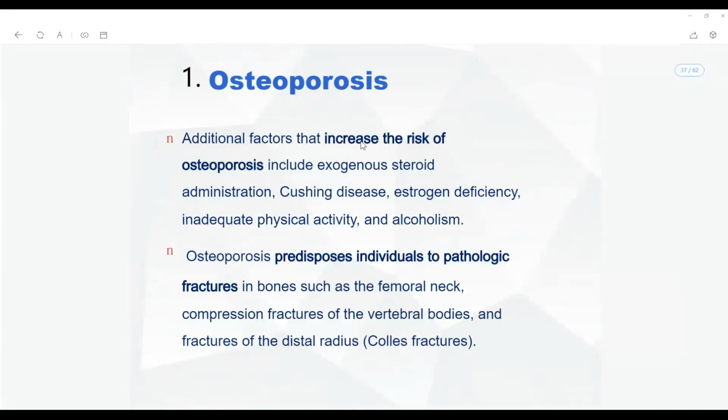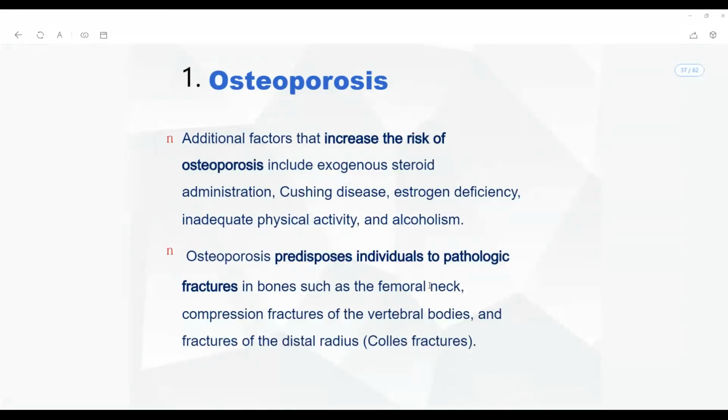And these predispose individuals to pathological fractures, especially femoral neck fractures and distal fractures of the radius. Fracture of the distal radius is, as we learned yesterday, the Colles fracture, and we looked at femoral neck fractures yesterday as well. So both of them are at increased risk.